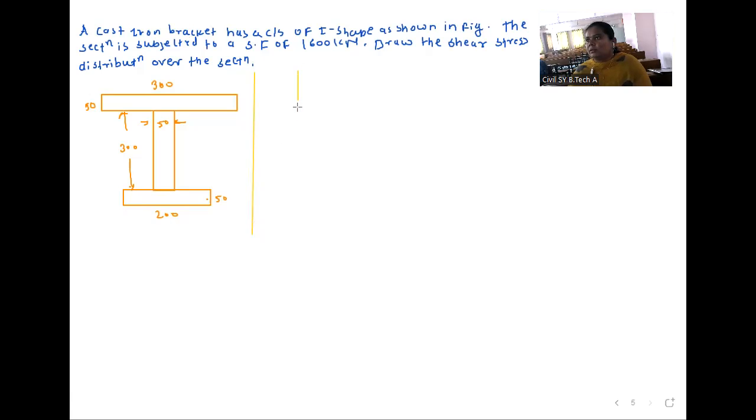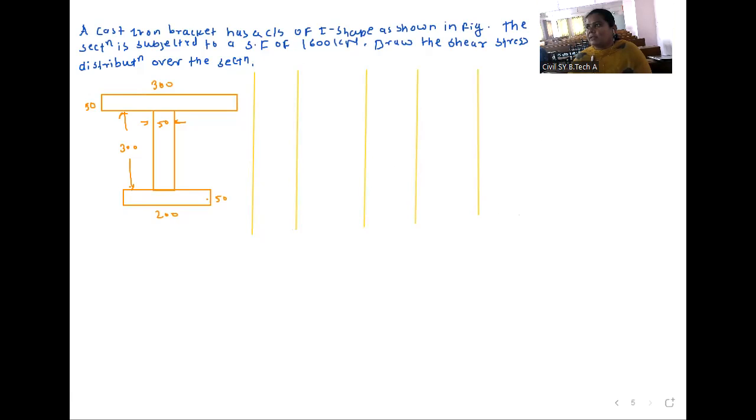First the section, after that the area of that particular section, after that yi, after that ai yi, after that ai yi square, and the last one is the I self.